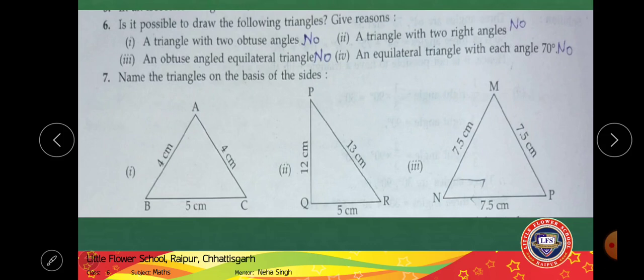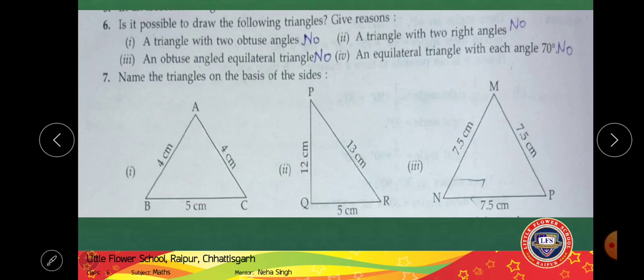See, we know that the angle sum property of a triangle says that the sum of angles in a triangle should be equal to 180 degree, right? Now if two angles are obtuse, meaning greater than 90 degree, then the third angle will be how much?